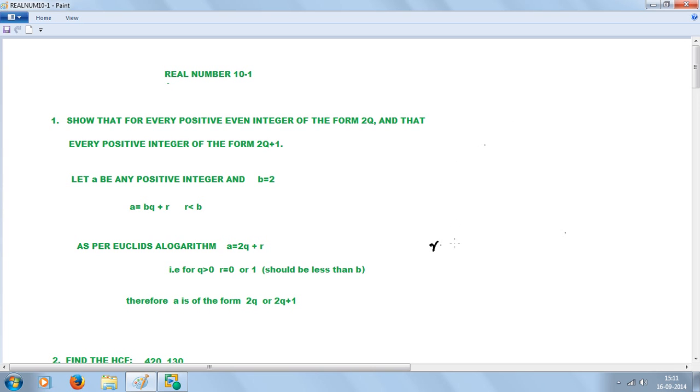Now r is equal to 0 or 1 because it is less than 2. Therefore a is equal to either 2q plus 0 or 2q plus 1. So this is a direct application of Euclid's algorithm for numbers.